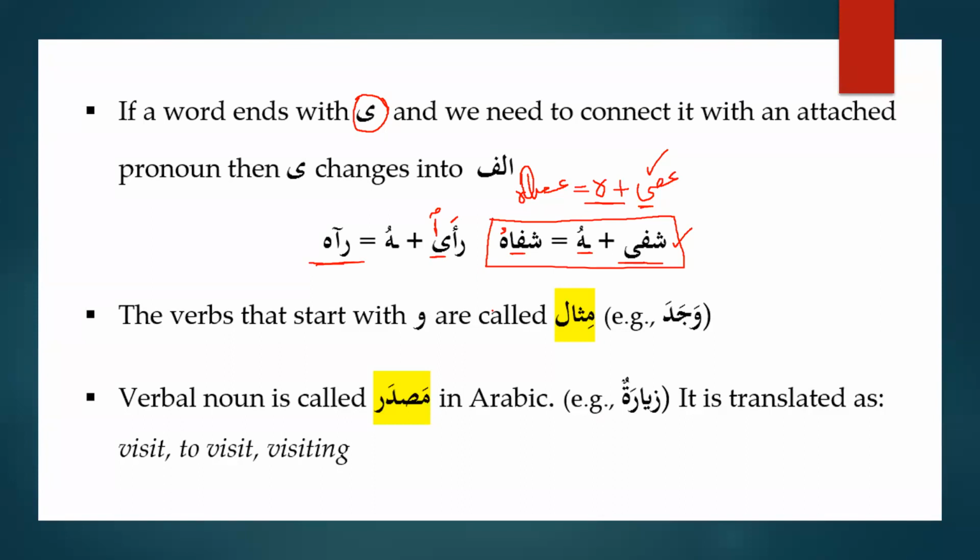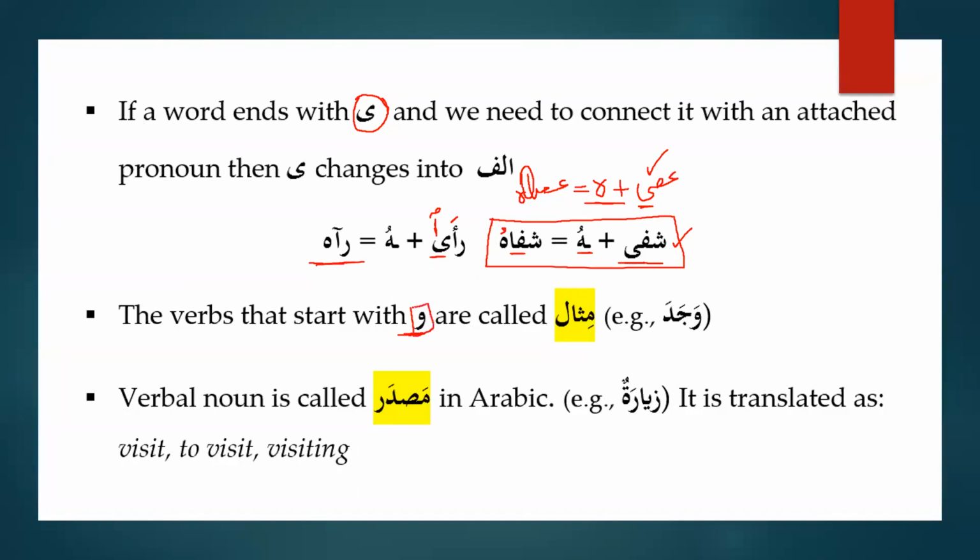We have started the verb dhahaba, and there are some categories of verbs. The first category that you will come across in the weak verbs means that they have in the root letters either waw or ya. The first category of weak verbs start with waw.